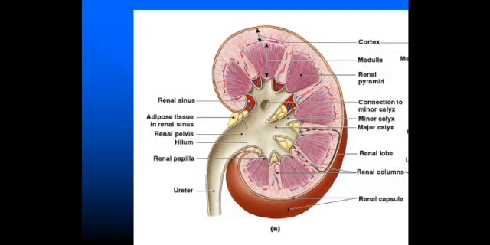We have the renal papillae and finally the ureter. So we need to know there is a renal lobe, with major and minor calyces, and a renal pyramid. So it opens into the hilum and finally into the ureter.